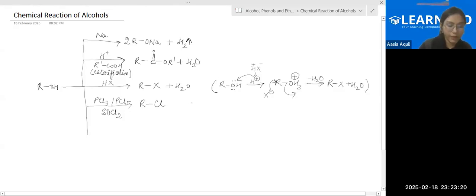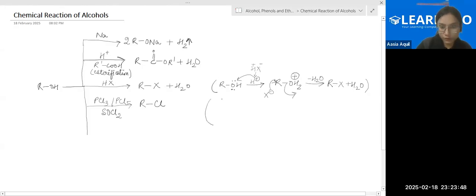Let's see the mechanism one by one. The main product will be the same, but the byproduct will be different in each case. When you use PCl3, you will get basically H3PO3, and when you use PCl5, you will get POCl3, and when you use SOCl2, you will get another byproduct.